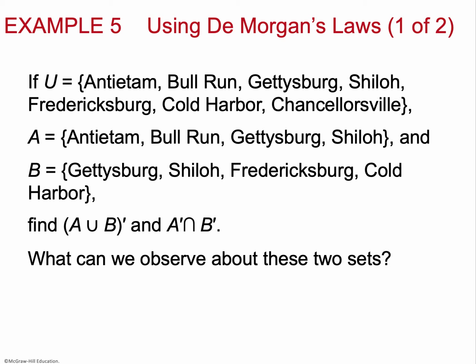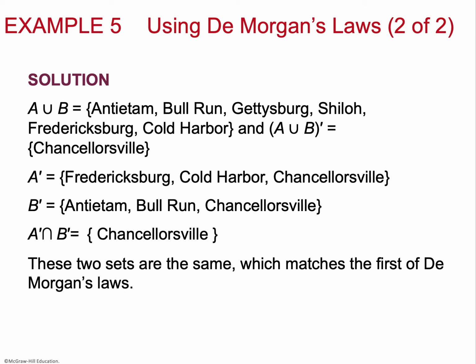So if I have my universal set, this is the list that I have, then I have items in A and B. If I wanted to find the things in A and B and then take the complement of that, that's going to be the same as the complement of A or the complement of B. Let's see how it works. So A and B together are going to give me that list.